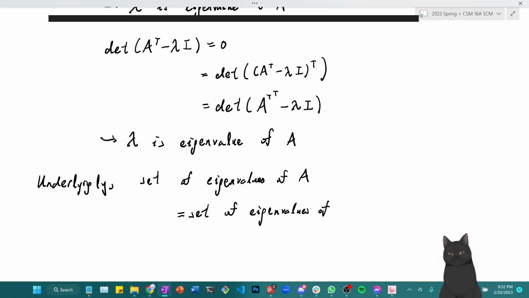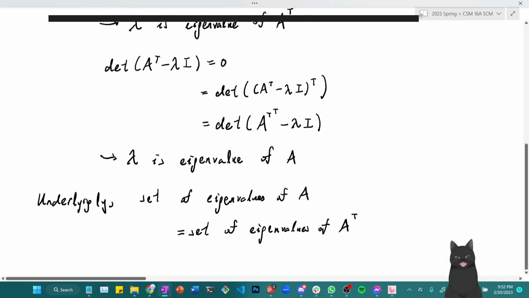This would probably remind you of some kind of vector space proof that you will have to do during CS16A. The concepts we have used above use a very similar logic to prove that the set of eigenvalues of A is indeed the set of eigenvalues of A transpose, by proving that each member of one set belongs to the other set, and therefore proving that the sets of eigenvalues are equal.